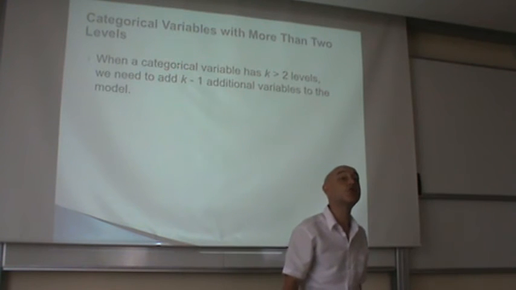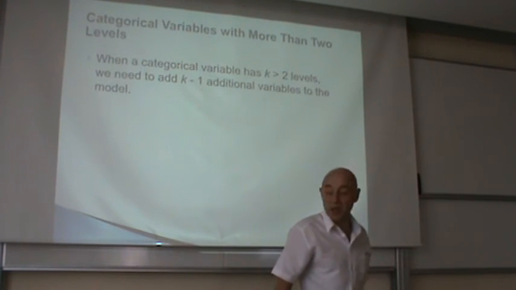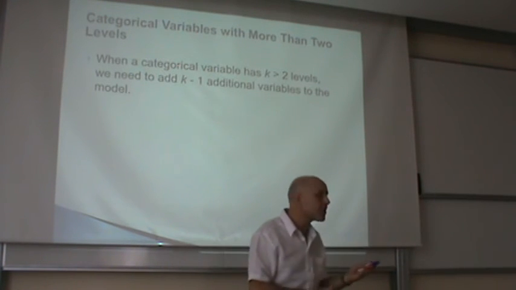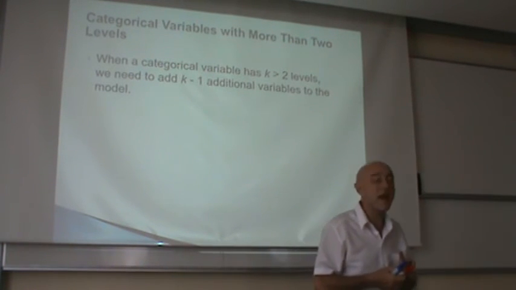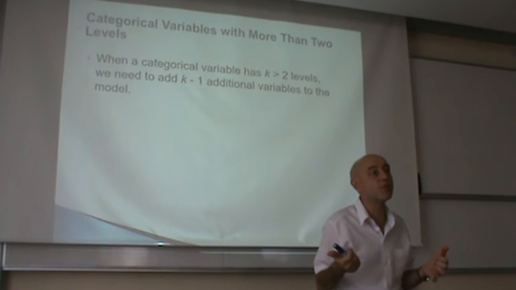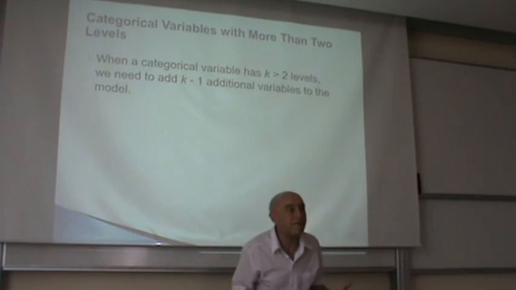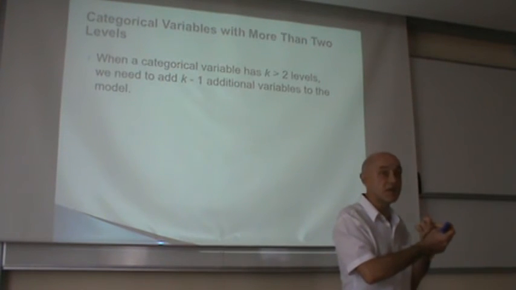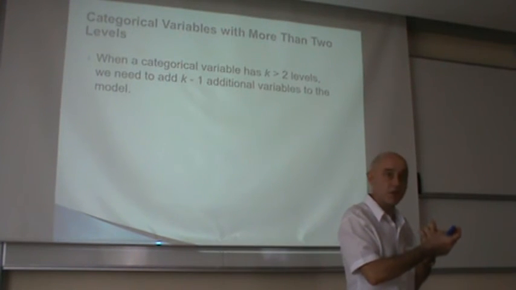Okay, that's a little trickier. Categorical variables with more than 2 levels. A categorical variable with more than 2 levels will be like this. Family status could be single. Single means never married before.